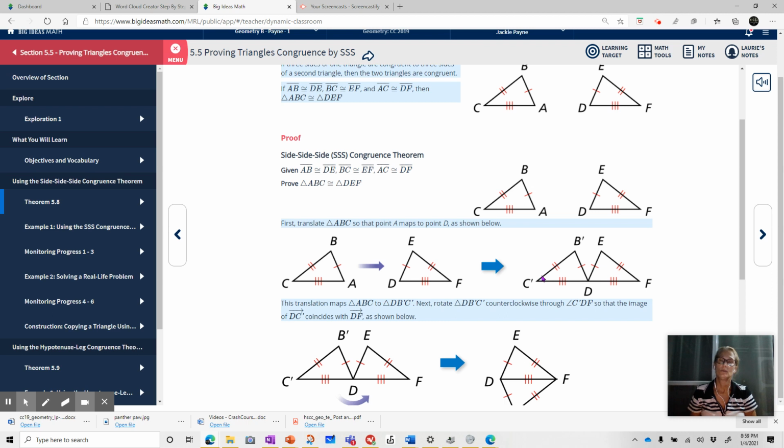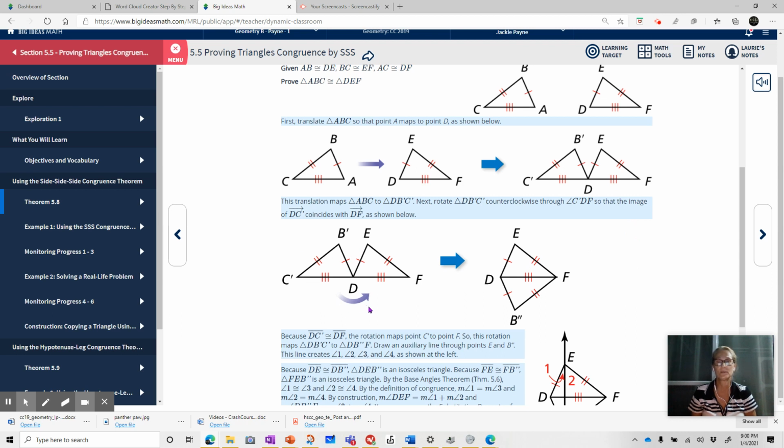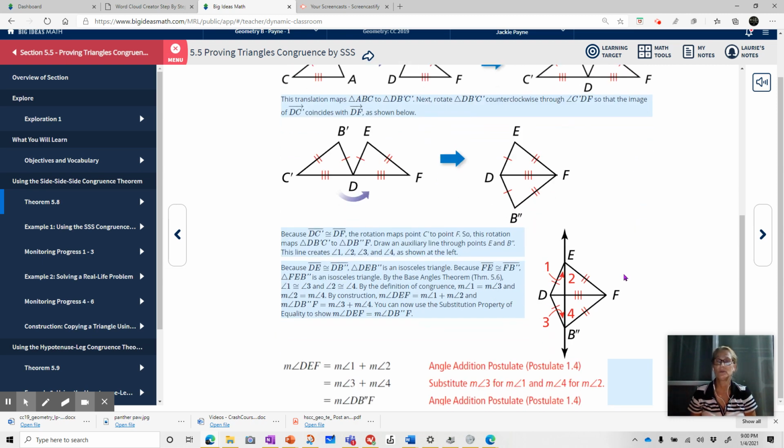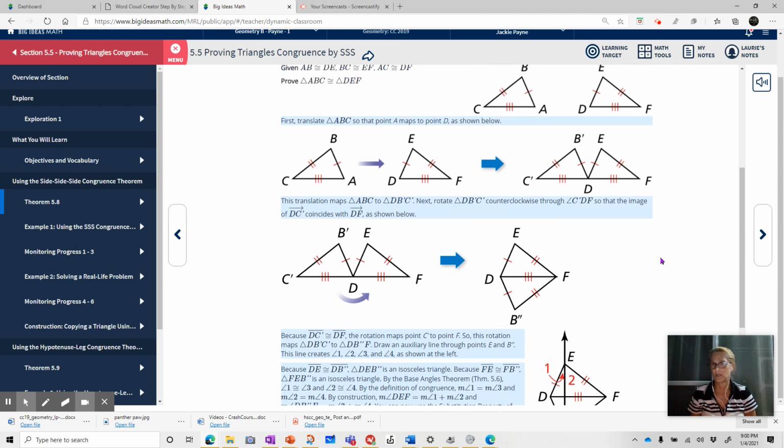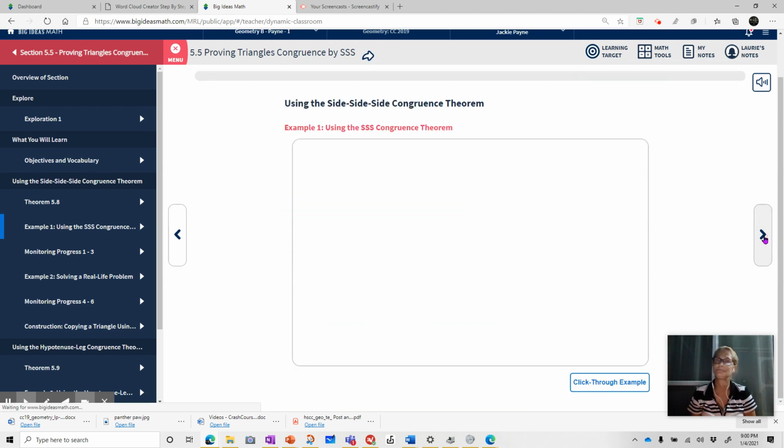And then you're going to take the C prime and rotate it over here so that the whole thing switches over so the C prime matches the F. That's what this purple arrow indicates. And then you have this shape. Now we've already proved a number of times that this shape is congruent. And so there's a paragraph proof here about it, but this is previous knowledge. So you should be able to see that those two map exactly onto each other.